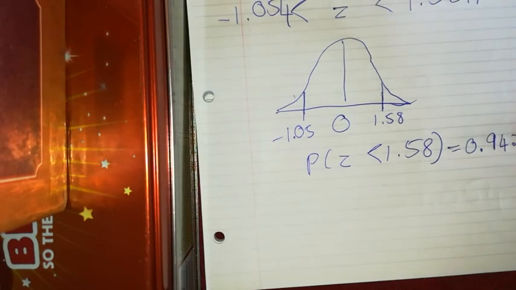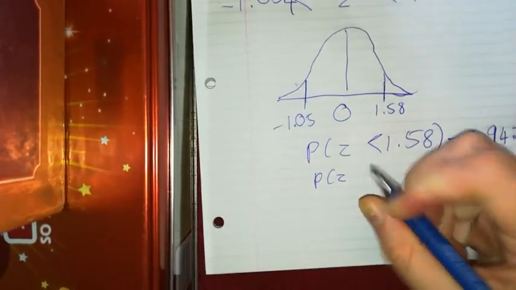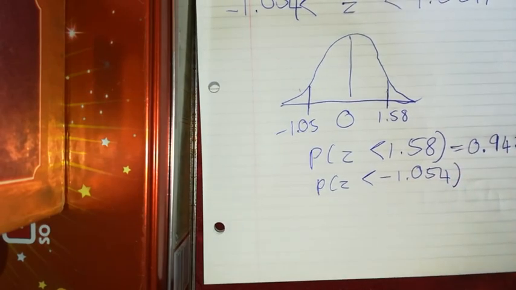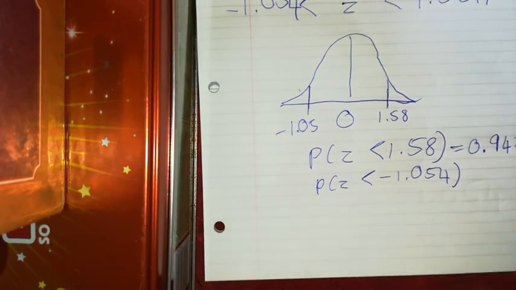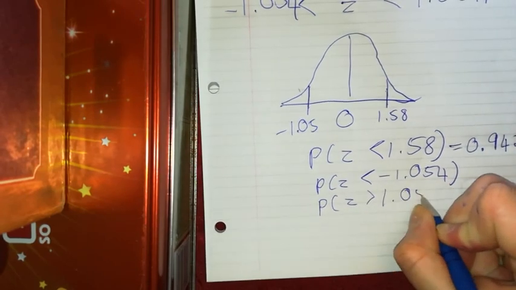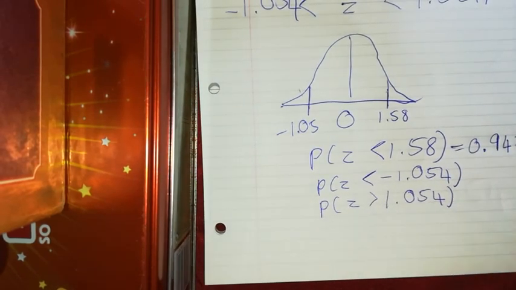And then the probability that z is less than minus 1.054. Well, I can't get less than of negative, but I can use the probability that z is greater than 1.054 because the curve is symmetrical.